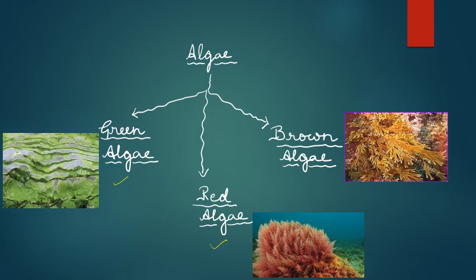And those algae whose cells contain brown pigment are called brown algae. So on the basis of the type of pigment present in their cells, they can be green algae, red algae and brown algae.